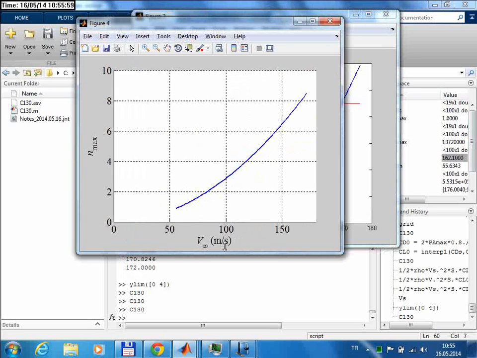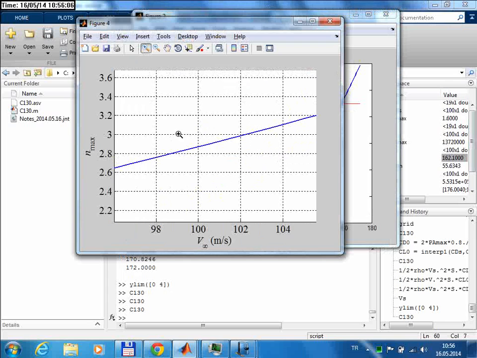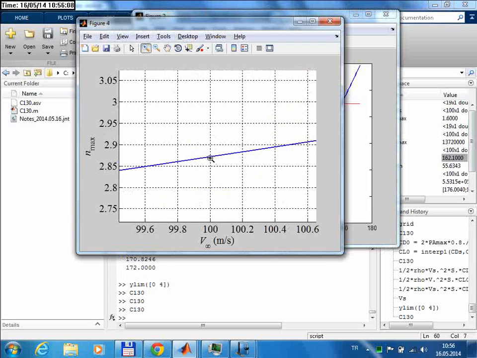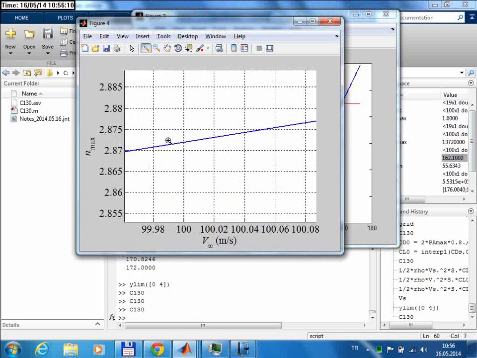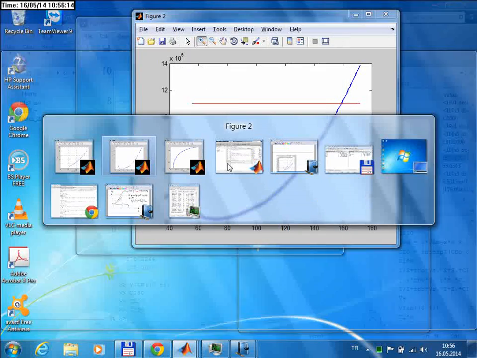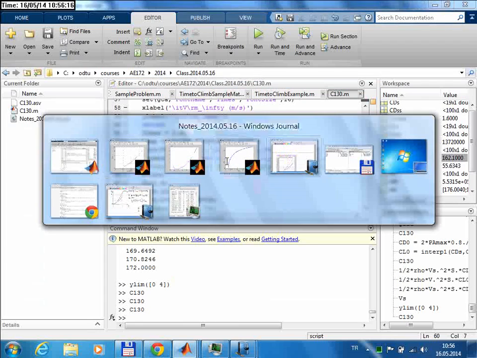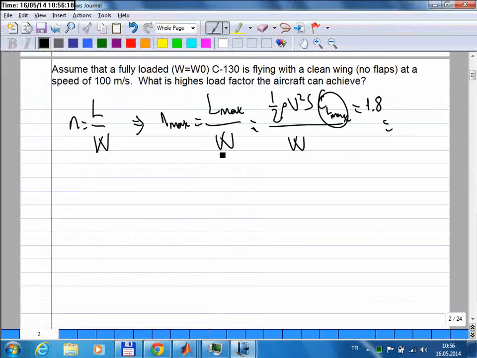So that number is this number. Well, here you have the curve, not a single point. But for 100 meters per second, the load factor is this much, about 2.87, let's say. So this is approximately equal to 2.87.